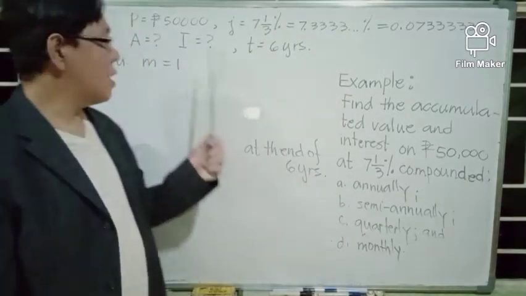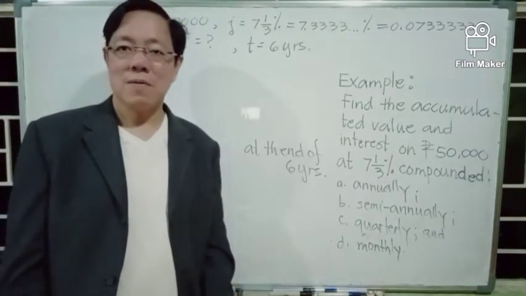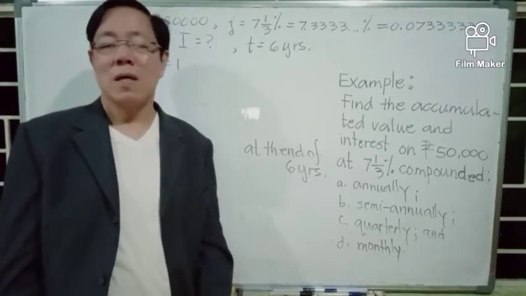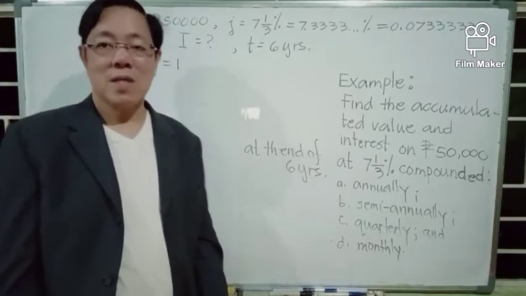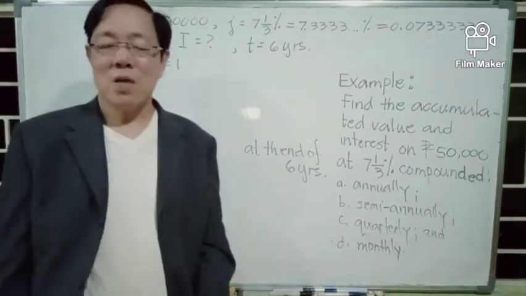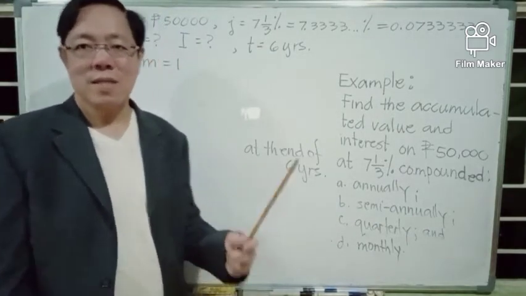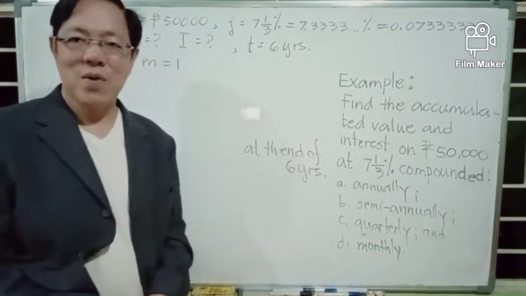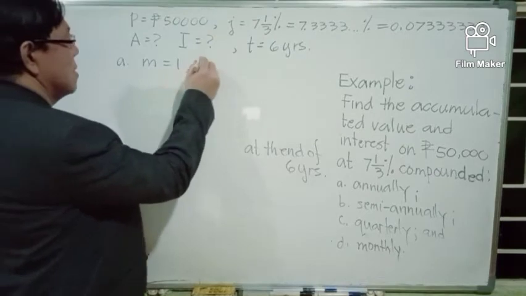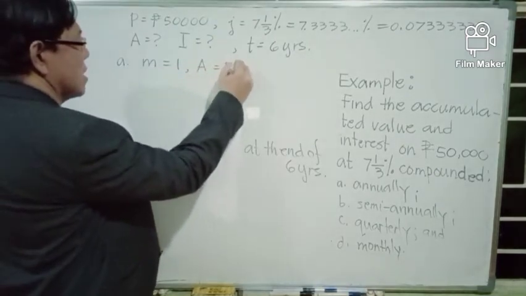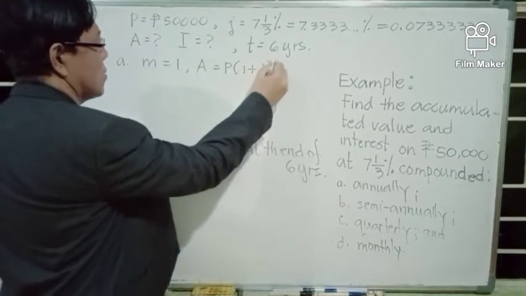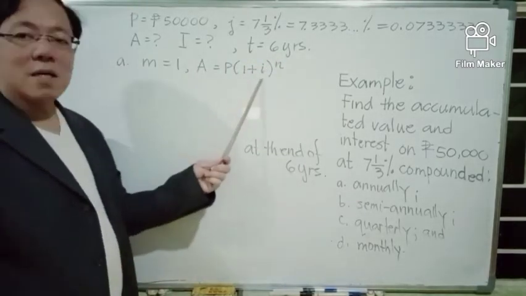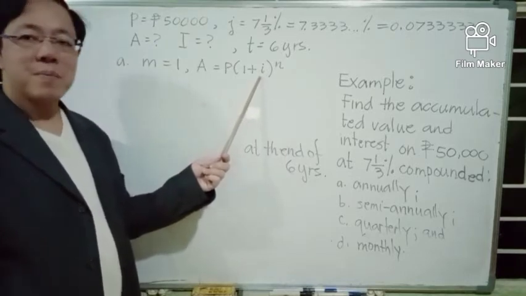We cannot compute the amount of interest directly at compound interest rate. Unlike at simple interest rate, where we can compute first for the amount of interest, capital I, at compound interest rate we have to start with the accumulated value or compound amount A, given by the formula A equals P times 1 plus I to the power n, where I is the interest rate per period.